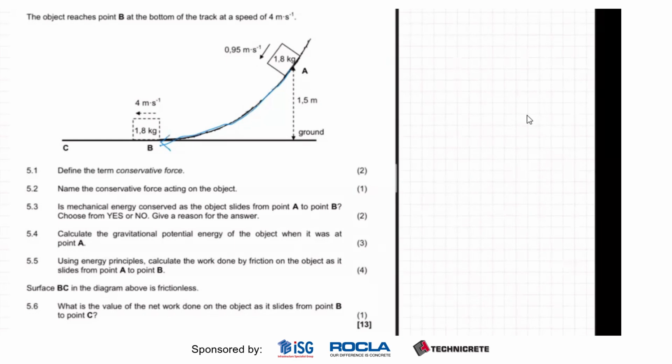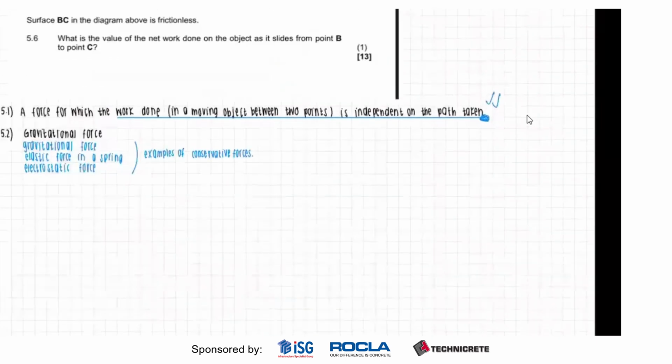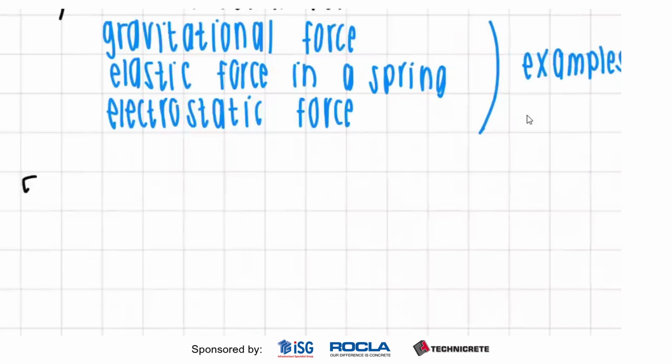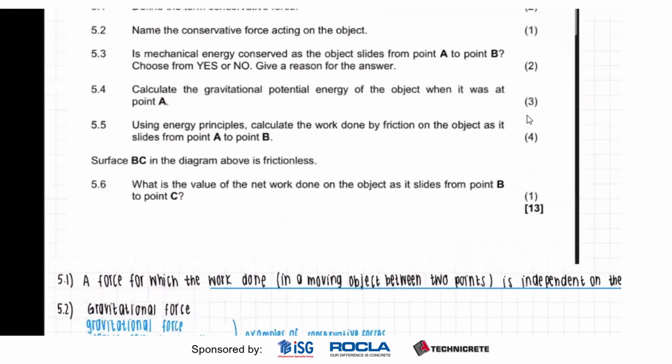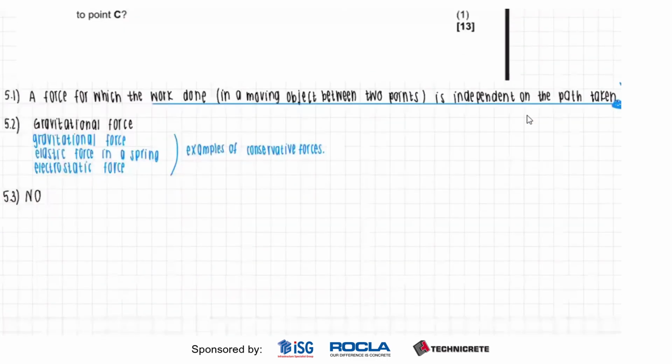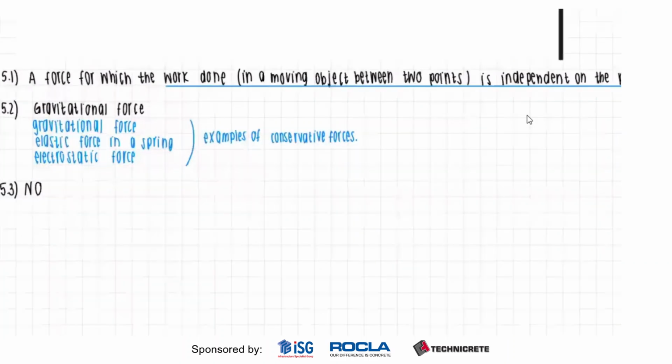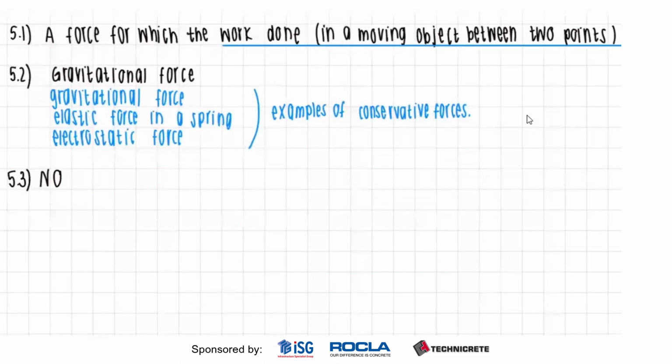So is mechanical energy conserved, and do we have the same amount of energy at the top as we did at the bottom? The answer is no. We do not have the same mechanical energy at the bottom as we do at the top. Why? Because there is friction.